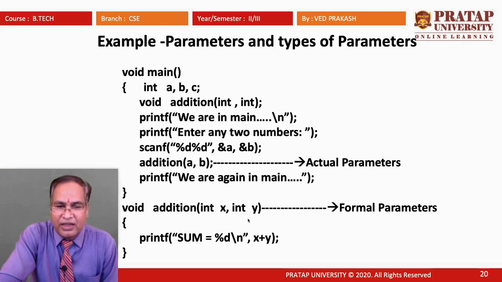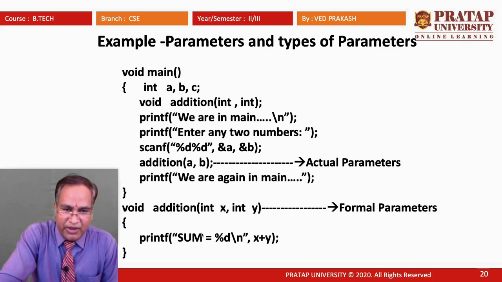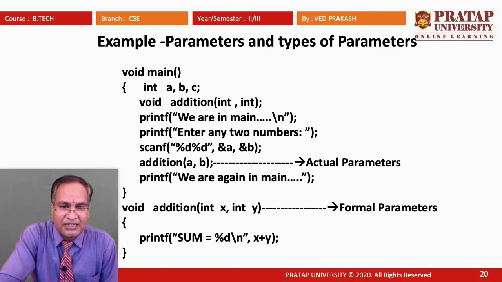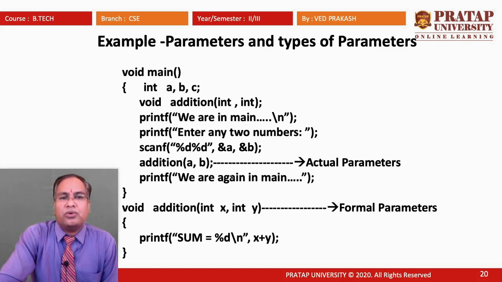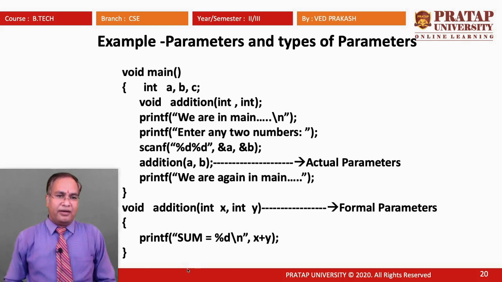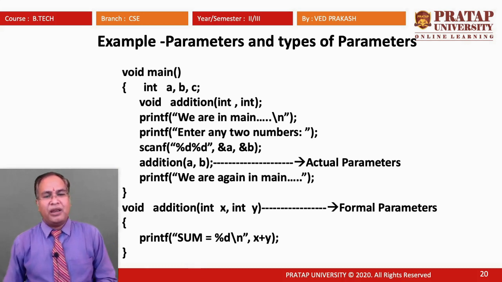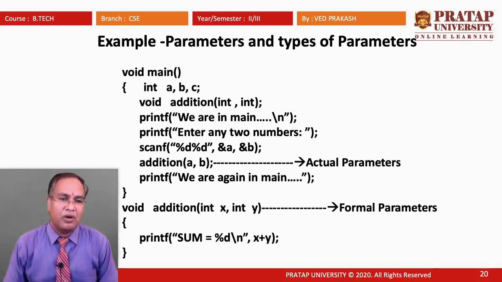So x and y get the copies of a and b, and perform their actions, and then control is transferred to the calling function. So this is known as the calling function, and this is known as the called function. There is no return type, so simply control will be transferred back to the call. It will not return any type of value.